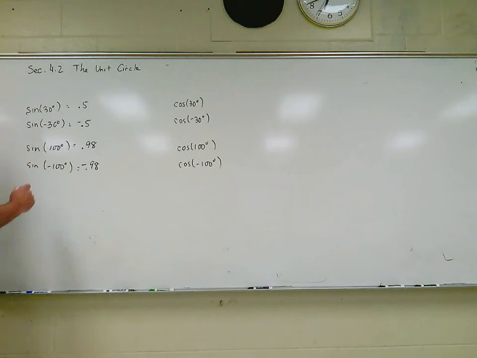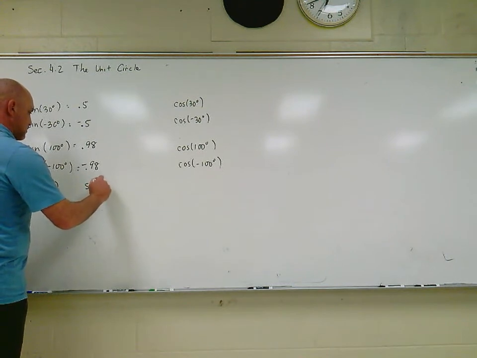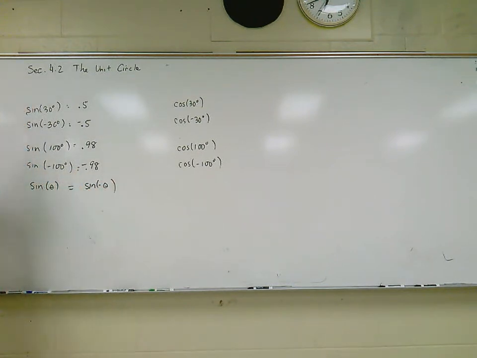What I'm asking is if we do sine of theta and we do sine of negative theta, are those equivalent? No. They're off by what? In order for these to be equivalent, what do I need to add to this equation?